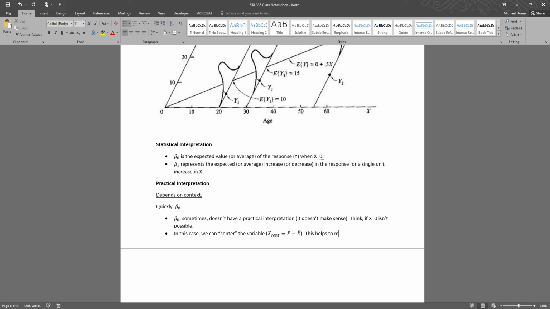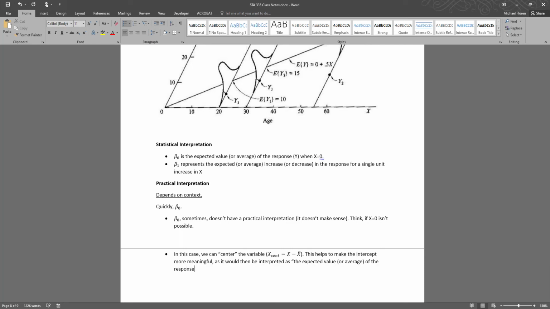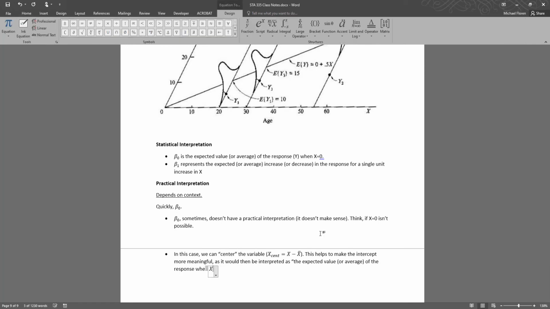This helps to make the intercept more meaningful, as it would then be interpreted as the expected value or average of the response when x is at its average value.